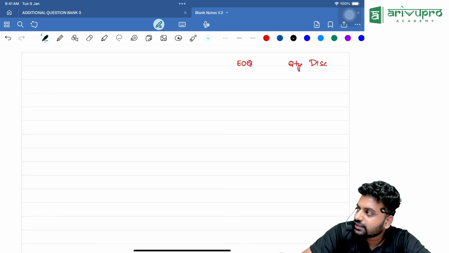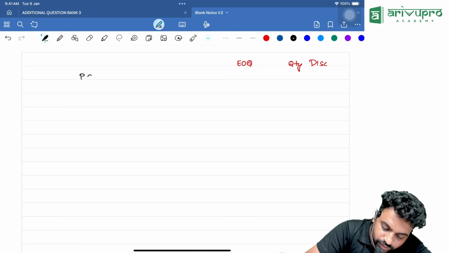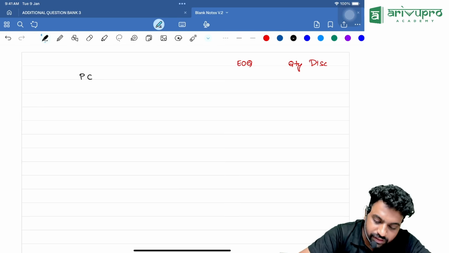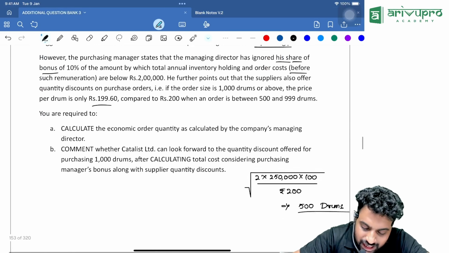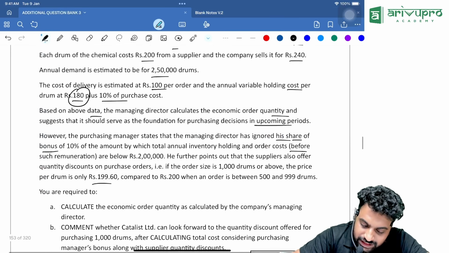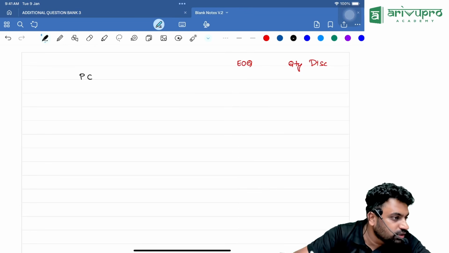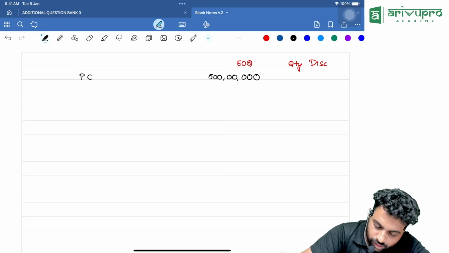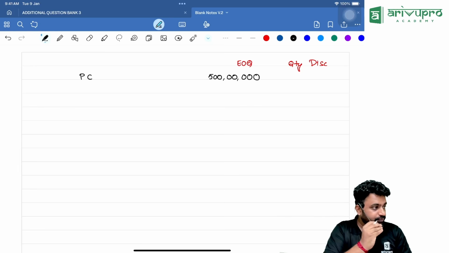Guys, EOQ will be purchase cost. Under both the cases, we have to buy 2,50,000 drums. Correct? Now, each drum will cost you 200 rupees. So 2,50,000 into 200 is 5 crore, no?